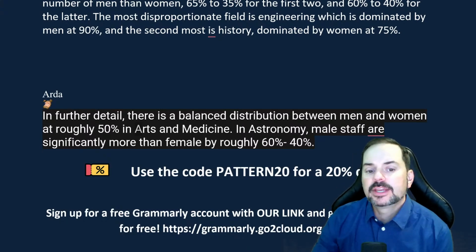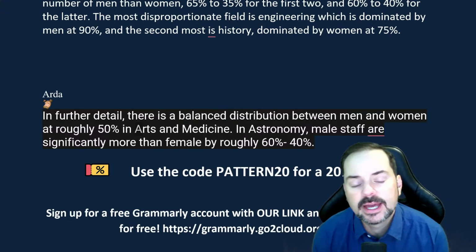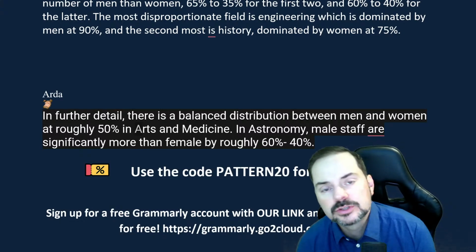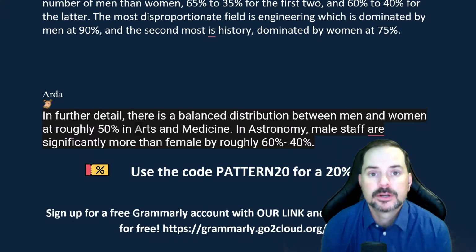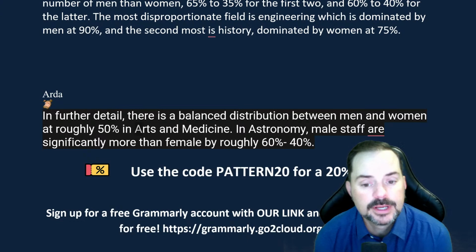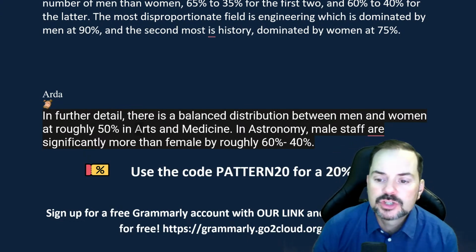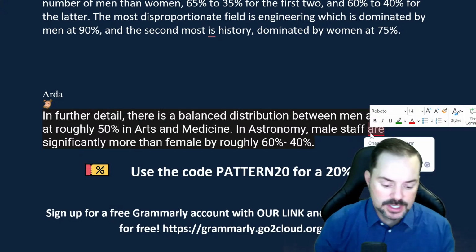Yeah, I like how you're capitalizing. You can certainly do that. I mean, it is the name of the faculty. You could also use the lowercase here because they are just common nouns also. So whichever you prefer. In astronomy, male staff is, yeah, because staff is non-count, Arda.